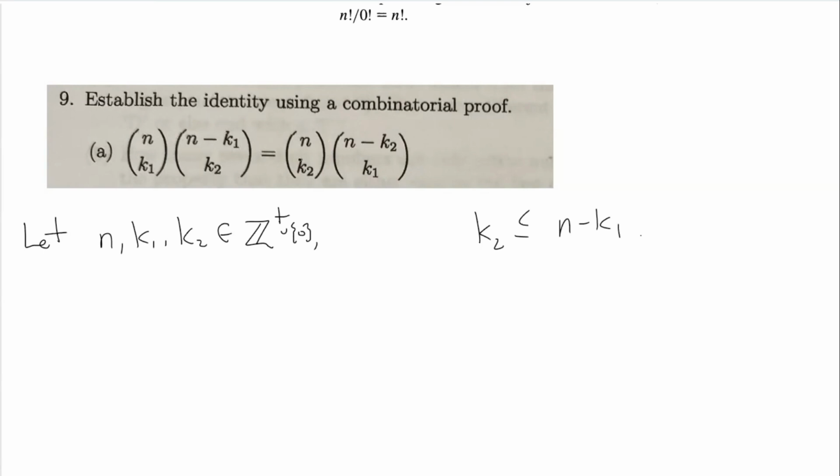On the other side, I'm first choosing the k2 things, and then out of everything left, choosing the k1 things. So there are lots of different ways you could visualize this. For instance, what if I took a group of n people, and I was assigning some of them to get a brand new car, and some of them to get a trip to Mexico.